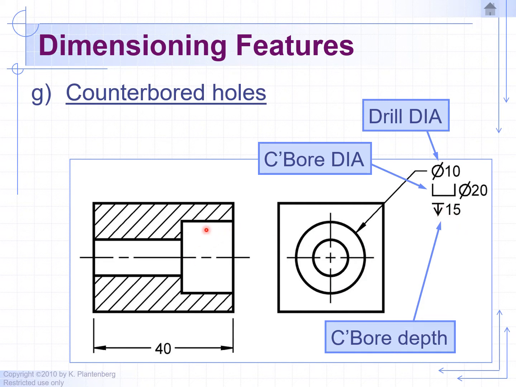So the depth of the large diameter hole is 15 units. Now note that we don't have a depth for the first hole, the small diameter. If no depth is called out for the first hole, the small hole, then you can assume it goes all the way through. Okay, if you want, and in old drawings you would write through, THRU, but pretty much you can assume it and just leave it out.